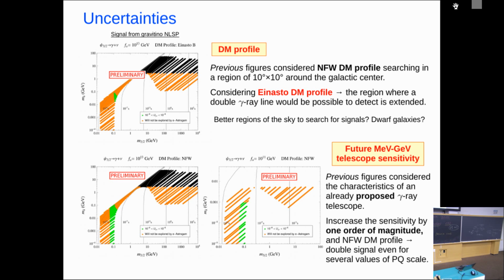Of course, there is a lot of uncertainty here. One possibility is to change to the Einasto profile, and then the result is a bit different, but not a lot. Another possibility is to change the experiment to one that is more sensitive. That is to increase the sensitivity, and then again you open more regions that in principle are possible.